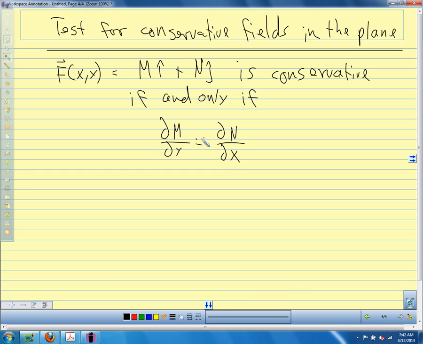And our assumption is we're dealing with nice functions, so M and N have continuous first partials in some area of the plane.